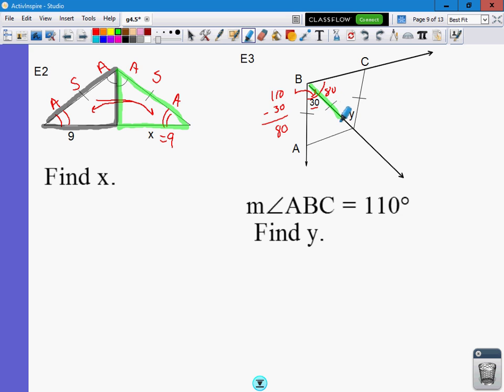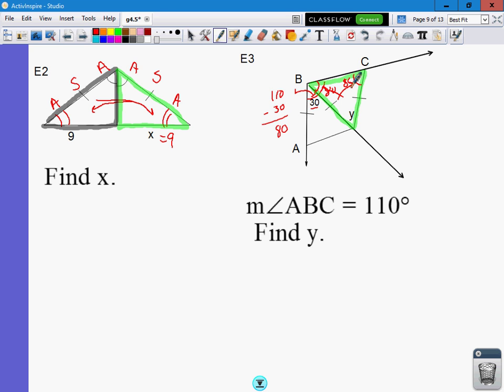Again, if I'm looking at this triangle, what type of triangle is it? Do we see it? What type of triangle is it? Oh, isosceles. It's isosceles. So this angle and this angle that's over here have to be what? Congruent.